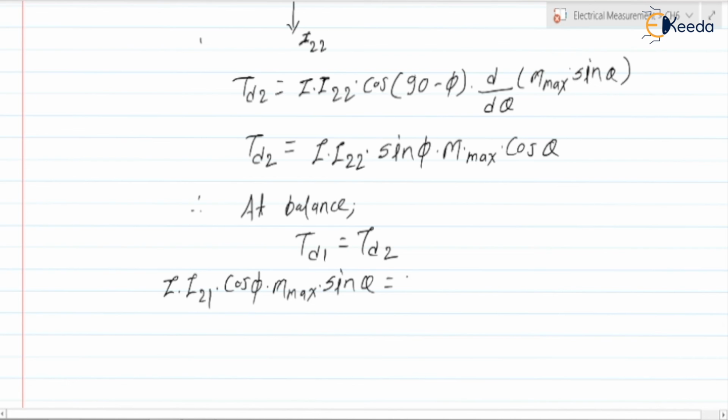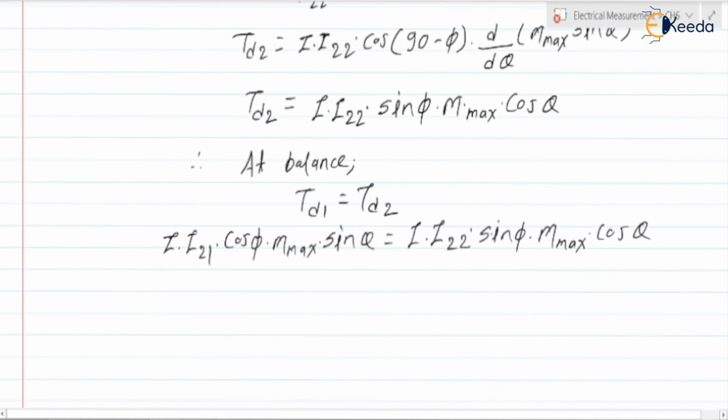This is equal to TD2, which is I into I22 into sin phi into M max into cos theta. If we compare these two, in order for them to be equal, theta should be equal to phi, because here it is cos phi and here it is cos theta, here it is sin theta and here it is sin phi.